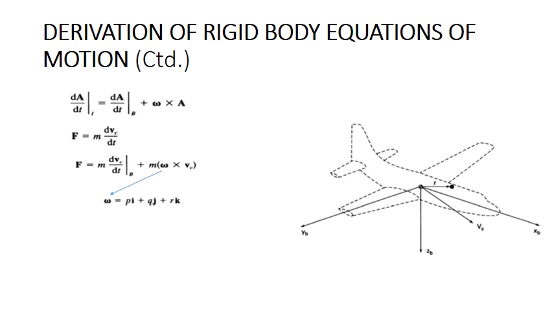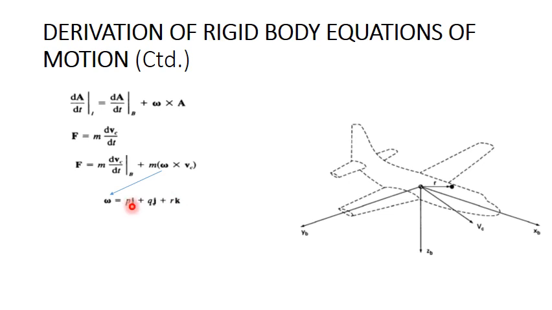The omega vector equals p in the direction of i, plus q in the direction of j, plus r in the direction of k.